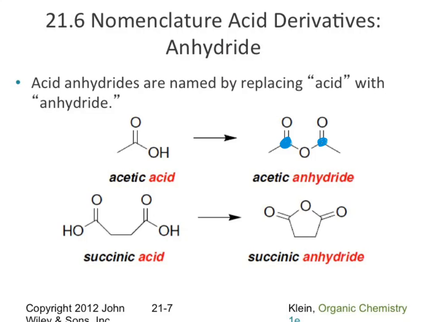Why would we want this to be symmetrical? If we're going to react an anhydride, we're going to put in two electrophilic sites. If those electrophilic sites are different from each other, what's going to end up happening to your products? You're going to get more than one product. So typically when we look at our anhydrides, they're always symmetrical because we only want one product. Okay? We don't want a big mixture of different things.